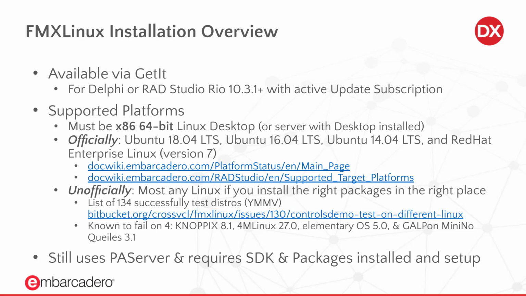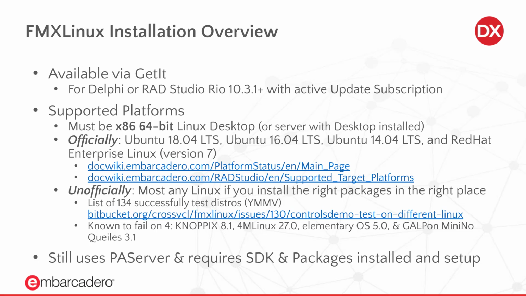Supported platforms, as far as target platforms, it must be x86 64-bit Linux desktop. Now, if the Linux systems you're working with are server installations, so for example, they have no desktop, no user interface, just console, you can't deploy an FMX Linux application to that. I mean, you could, but you couldn't run it because there's no windowing system.